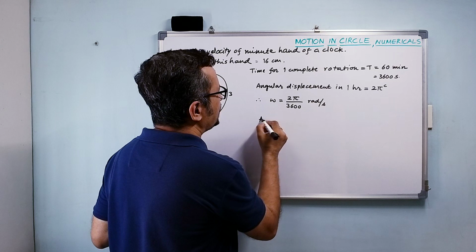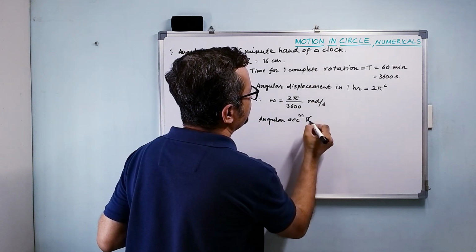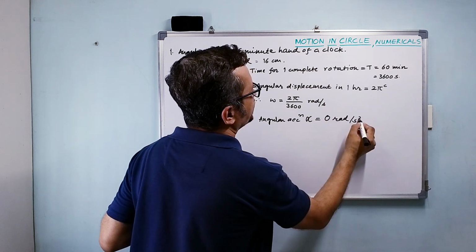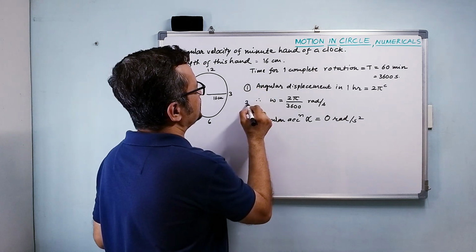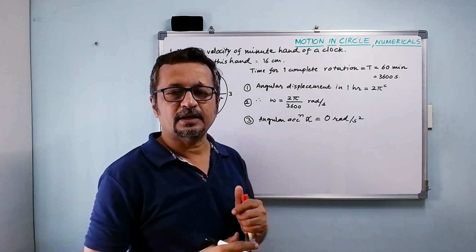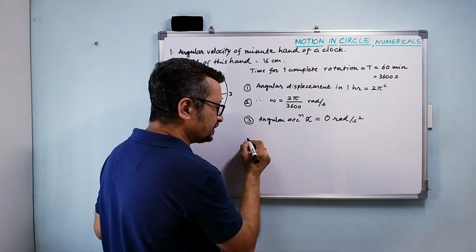So angular acceleration alpha over here is 0 radian per second square. So my first quantity, second quantity, third quantity have been calculated. Now what about radial acceleration here?